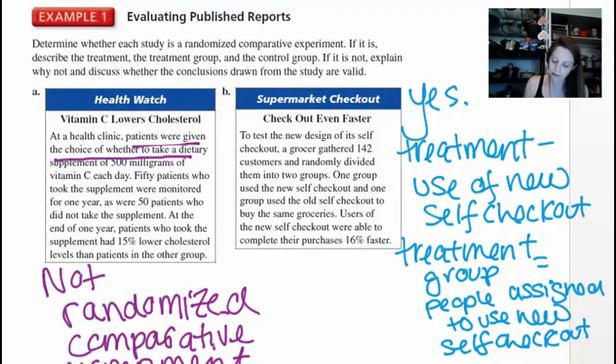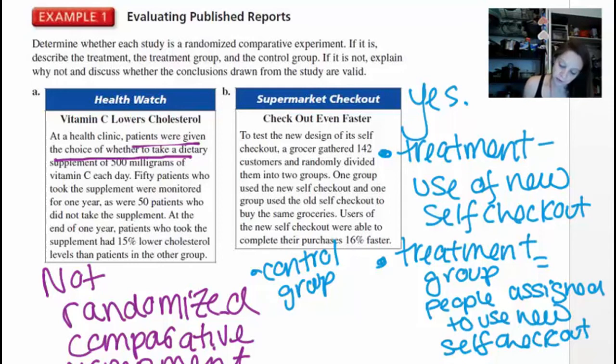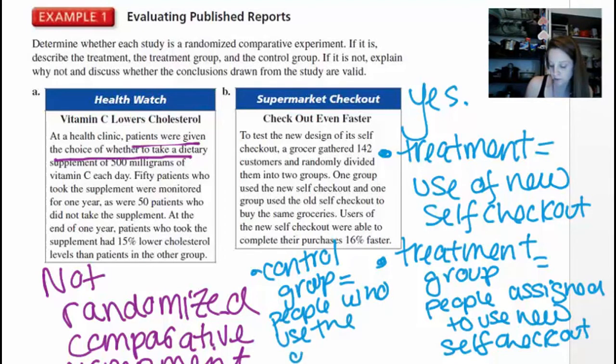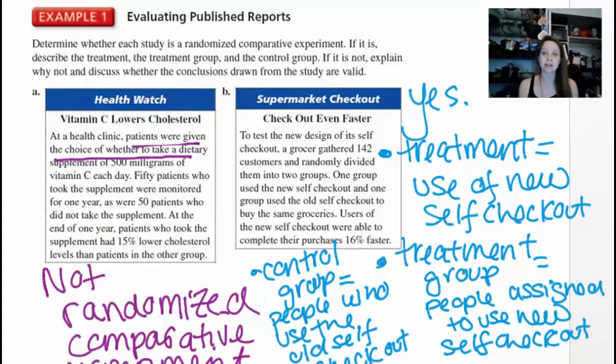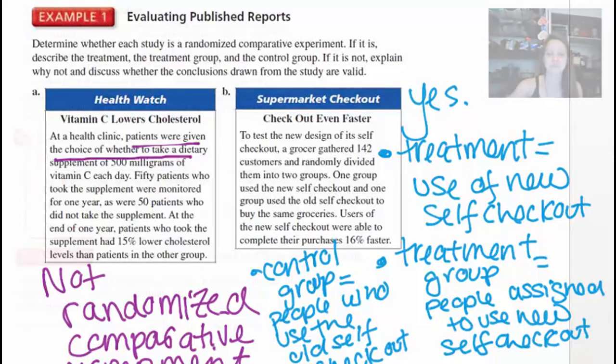And then the control group are people who use the old self-checkout. So these people didn't decide what group they wanted to do. They were randomly picked to be one of the groups, and you had a control group that didn't receive the treatment and the treatment group that did, which was the new self-checkout.